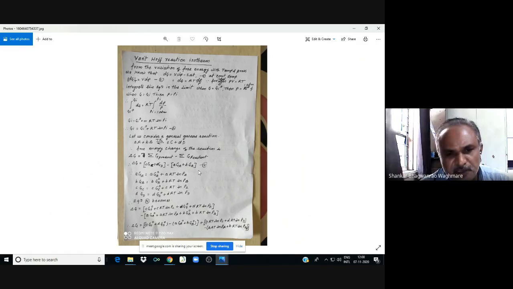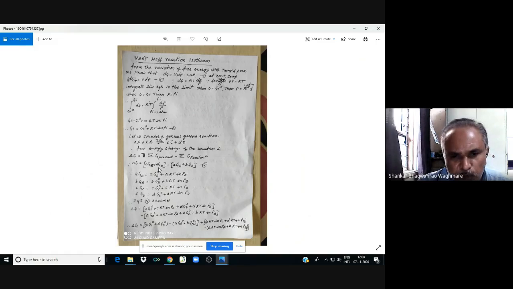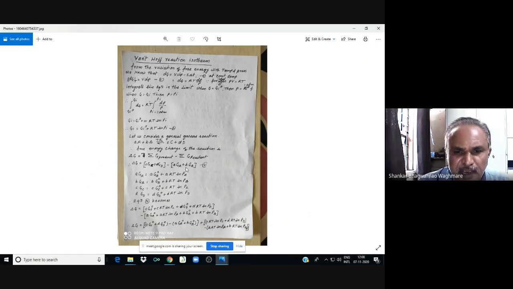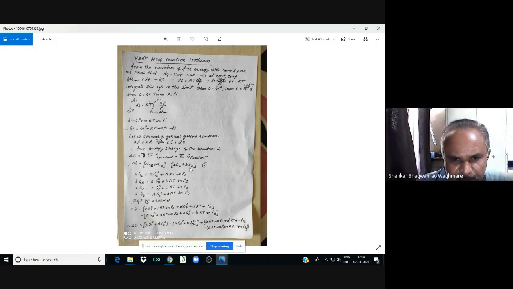Therefore, the change in free energy delta G is equal to the free energy of C plus the free energy of D for c and d moles respectively, which is the sum of the free energy of the products, minus the free energy of A plus the free energy of B for a and b moles, which is the sum of the free energy of the reactants. The difference between these two sums gives the change in free energy of the reaction.